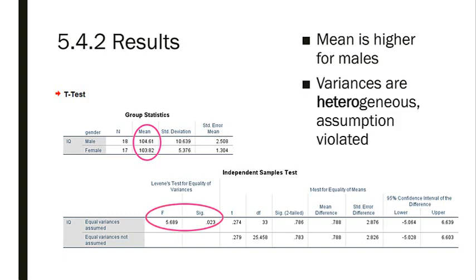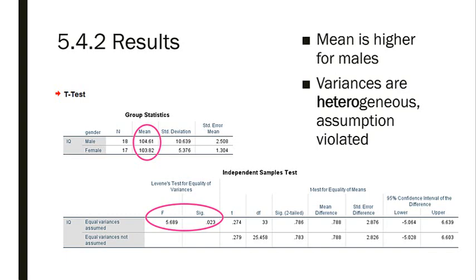From the Levene's test, we've got an F ratio of 5.689 and a p-value of 0.023, so that's less than 0.05. So we would conclude that the assumption of homogeneity of variance has been violated. We have heterogeneous variance, right? Which makes sense, since the standard deviation for males is about double the standard deviation for females. They're not even approximately equal. And the way we can tell that statistically is the violation of the Levene's test.